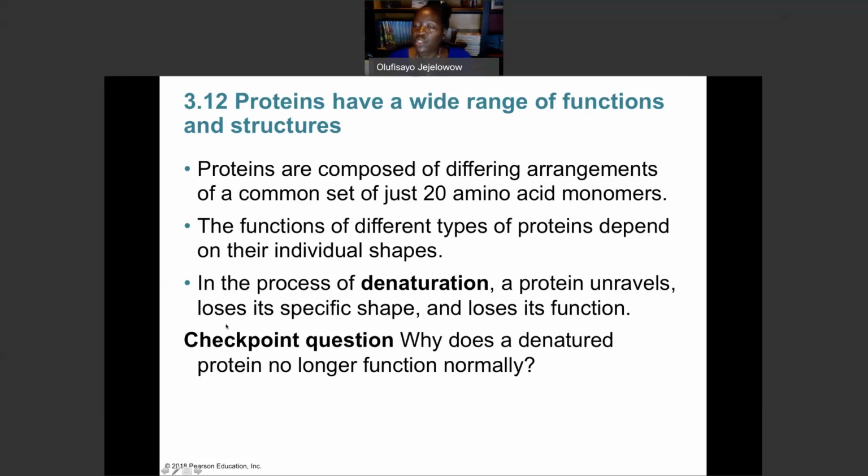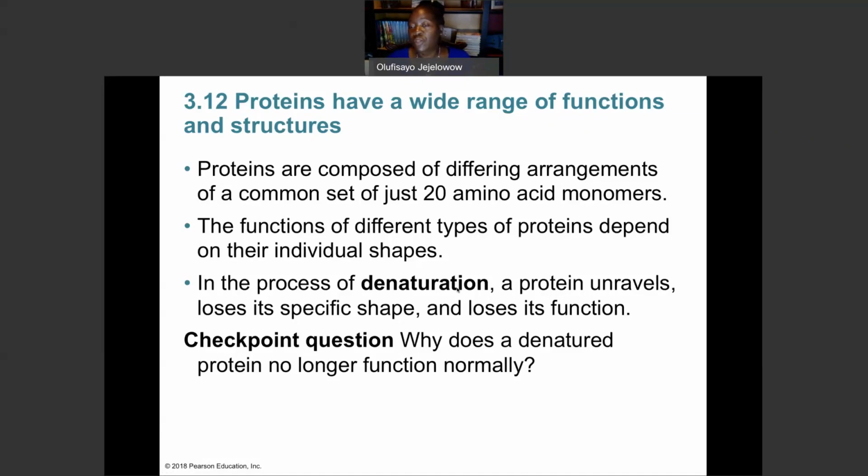Proteins can be denatured, and in the process of denaturation, a protein unravels and loses its specific shape. When it loses its specific shape, it loses its function. In your kitchen on a regular basis, you denature proteins. You take an egg, you fry it, it loses its jelly-like appearance, and it becomes more solid and rigid.